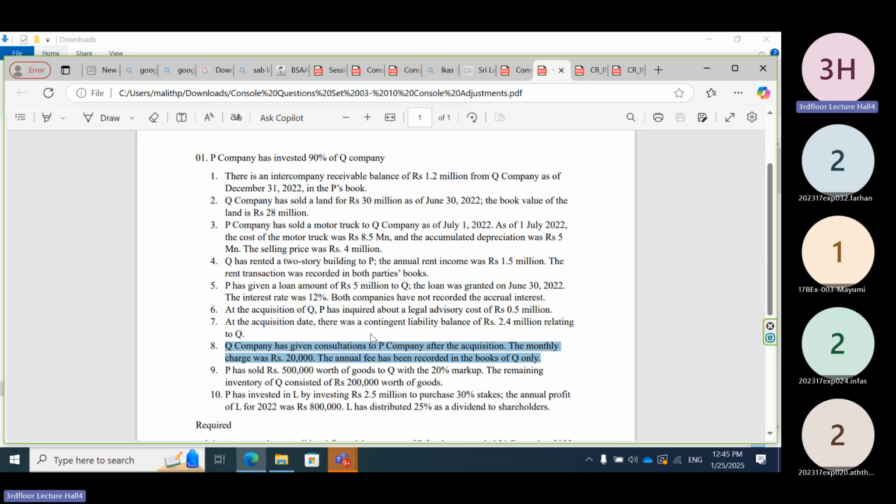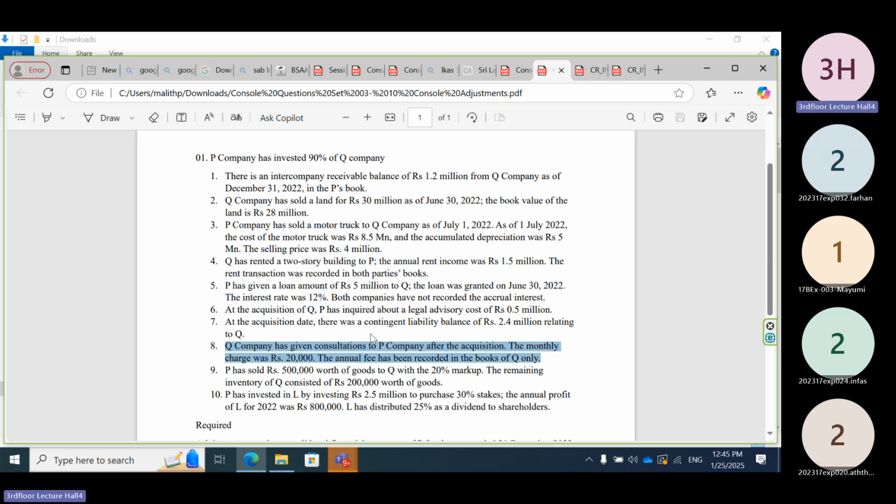Intercompany rent. The subsidiary individual company will rent as an entity. Rent, take the building.